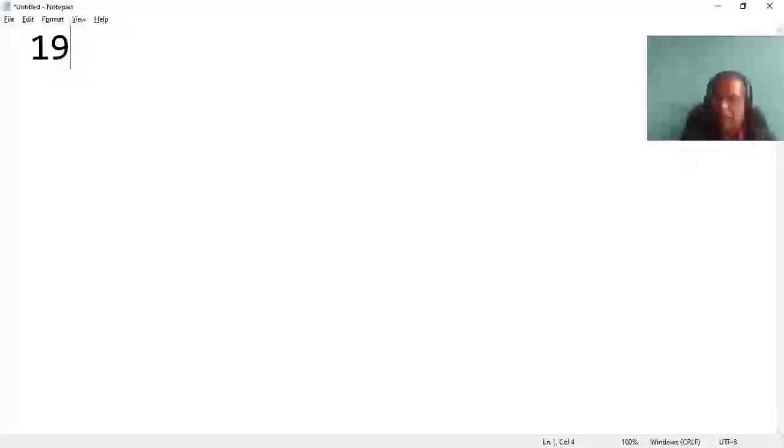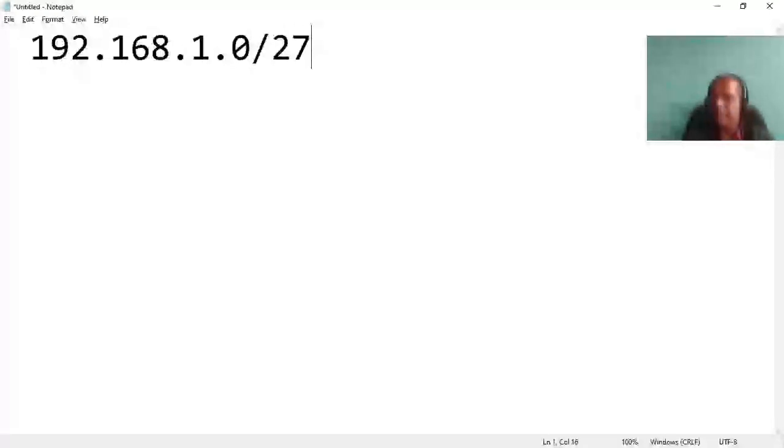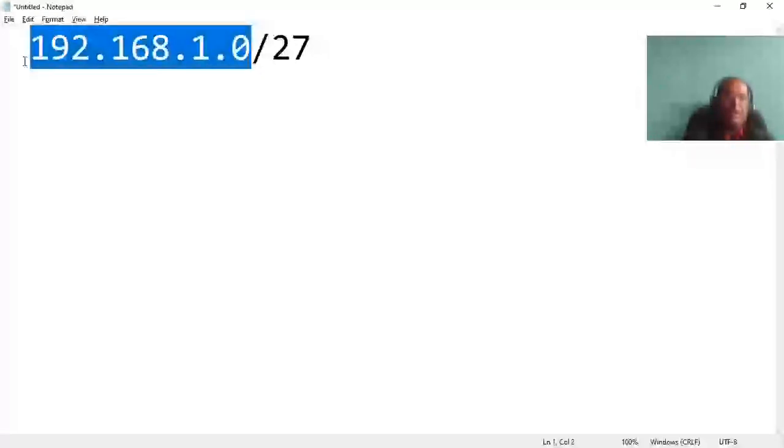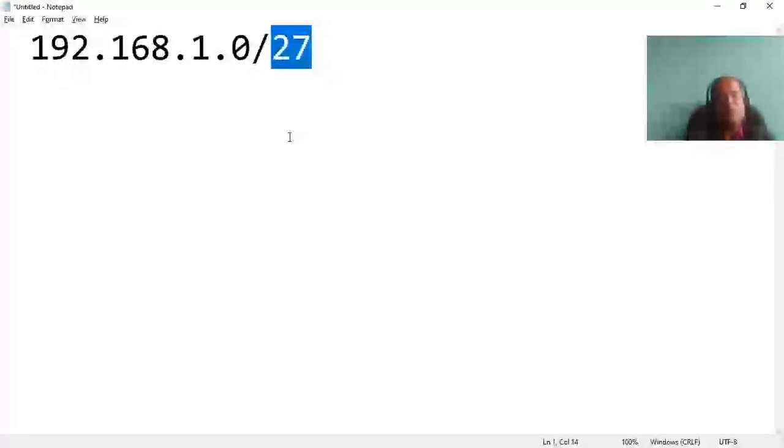Now let me take an IP address 192.168.1.0/27 as the CIDR. What does this mean? We have a network address, and this 27 represents the subnet mask. So this is the network ID, and for this network ID, what will be the subnet mask?